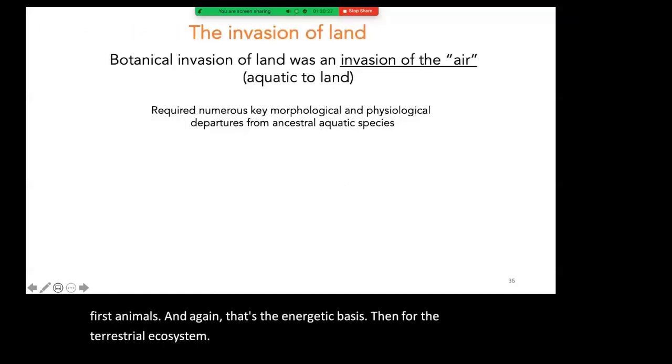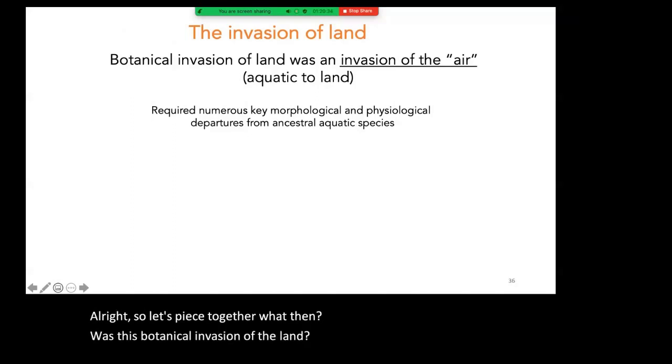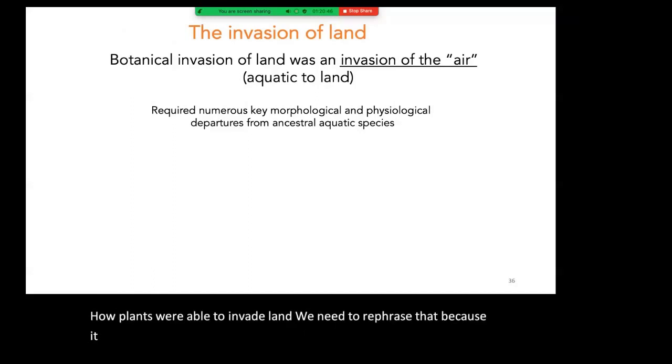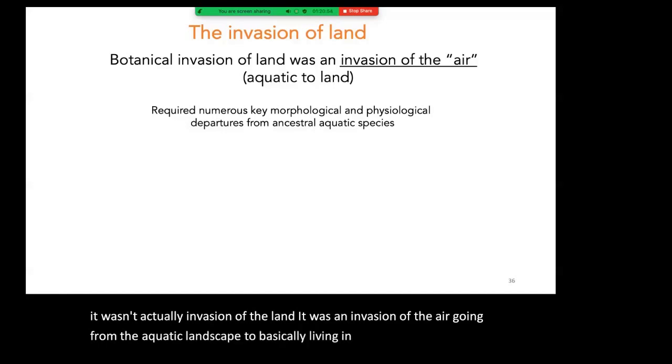All right, so let's piece together what this botanical invasion of the land was. Well, let's rephrase that question, because in order to understand how plants were able to invade land, we need to rephrase it. It wasn't actually an invasion of the land, it was an invasion of the air, going from the aquatic landscape to basically living in the atmosphere, right?